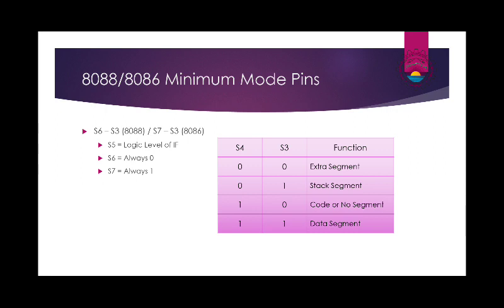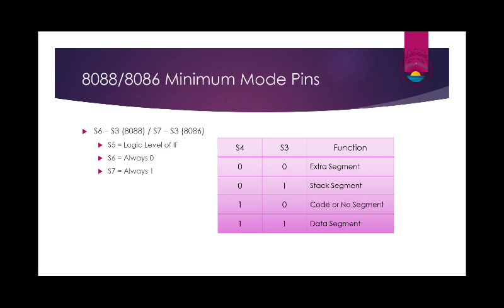There is a table shown in this slide for S3 and S4 status signals. This table shows that microprocessor is accessing which segment. During memory access, microprocessor will be accessing some segment. There are 4 types of segments: extra segment, stack segment, code segment, and data segment.